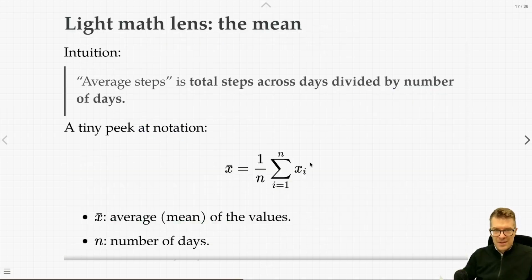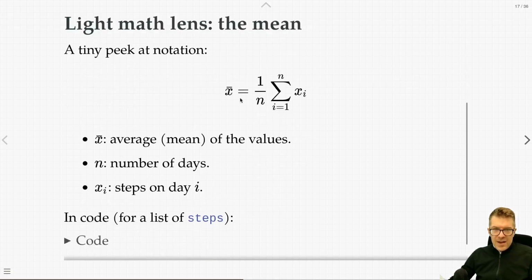Let's go into the math a little bit. Let's talk about mean values, because we'll be dealing with floating point values soon enough. So consider that we have step counts for every day in our data set, and we want to average them. So we basically want to count the total number of steps and divide by the total number of days. As you know, the way that we compute an average is shown here mathematically.